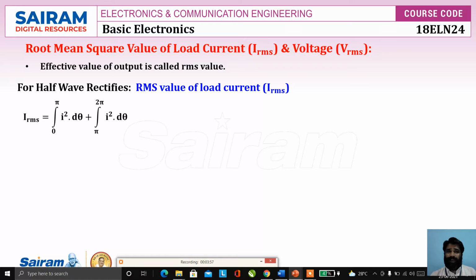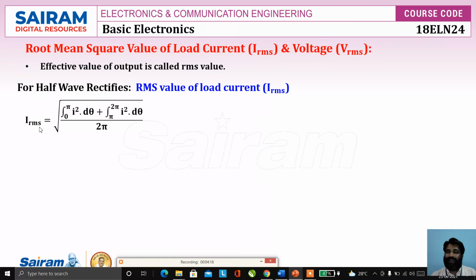That is, the current during the first half of the cycle, 0 to pi, and the current during pi to 2 pi, squared. To get a mean value, this is divided by the period, that is 2 pi. Root mean square means apply the root to this.